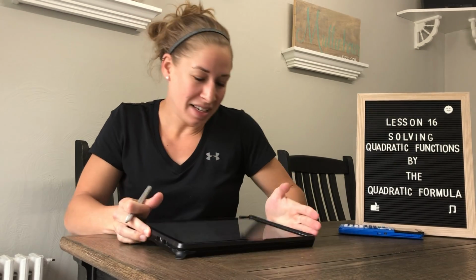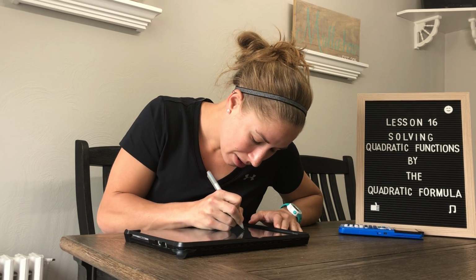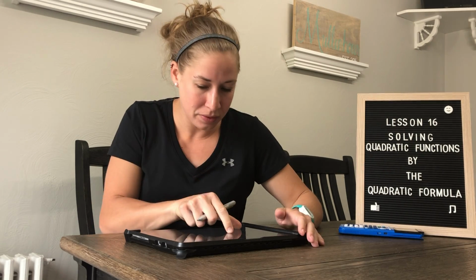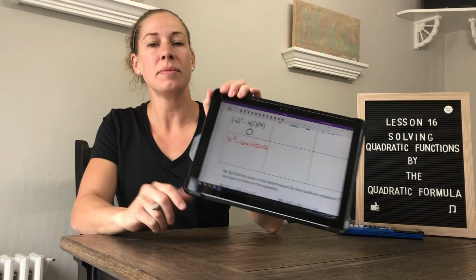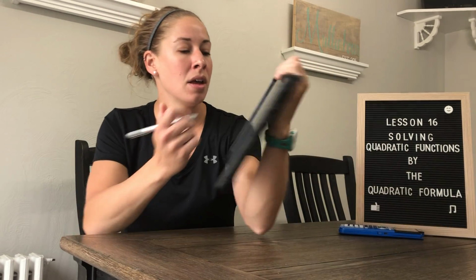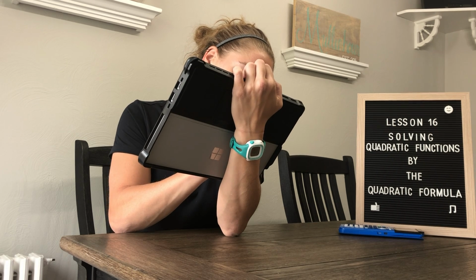And last but not least, let's do x squared minus 6x plus 10 equals 0 for our example. Okay. So if you notice, I've only changed the c value in all of these. B squared, negative 6 squared minus 4ac.